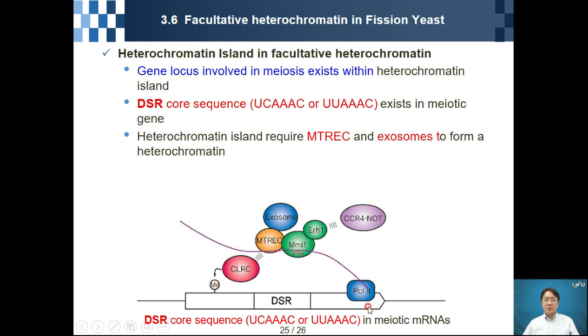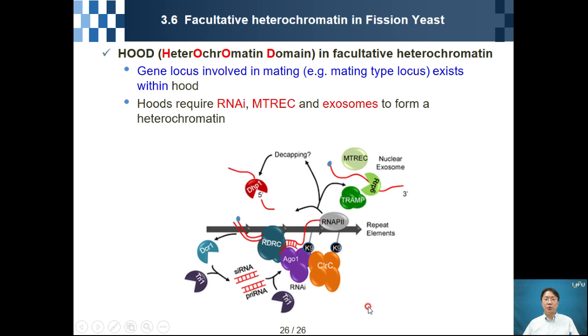Okay, and also another example is HOOD. HOOD is the heterochromatin domain in facultative heterochromatin. So we call it HOOD. HOOD also has some domain sequence. In this domain, there are gene loci involved in mating. For example, the mating type locus exists within the HOOD region. Okay.